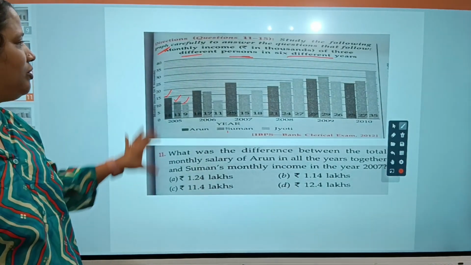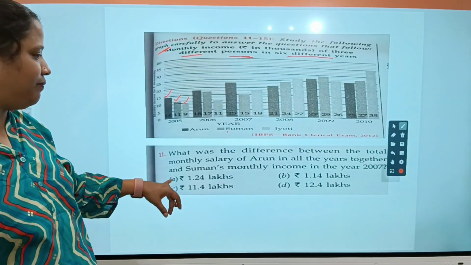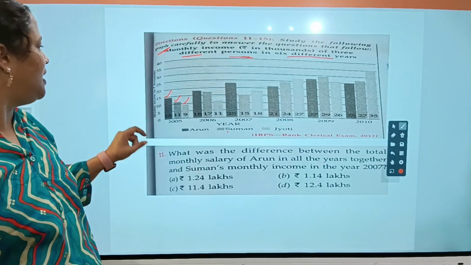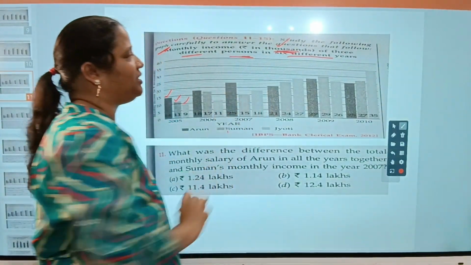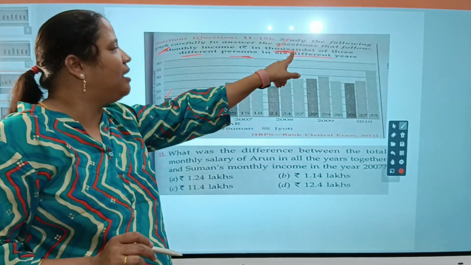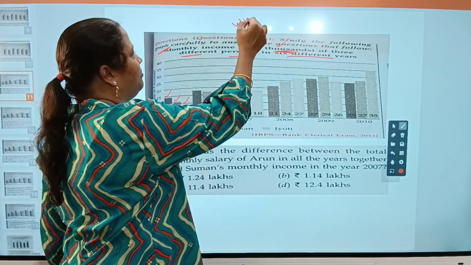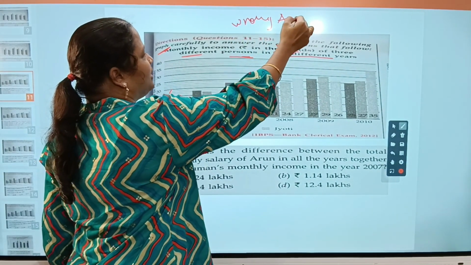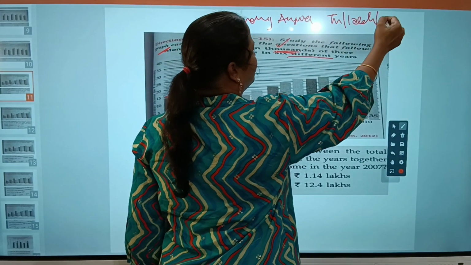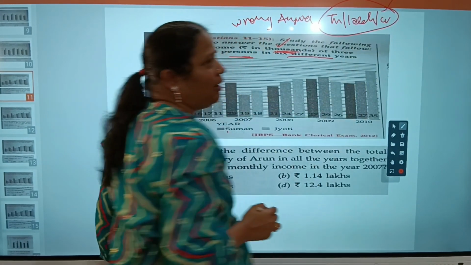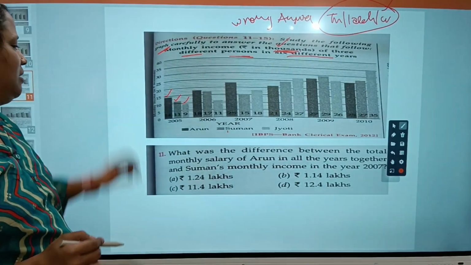We have to find the answers to the following questions based on this graph. The income is given in thousands. You have to remember this. If you make a mistake here, you will get wrong answers in the exam. Thousands or lakhs or crores, you must remember properly.